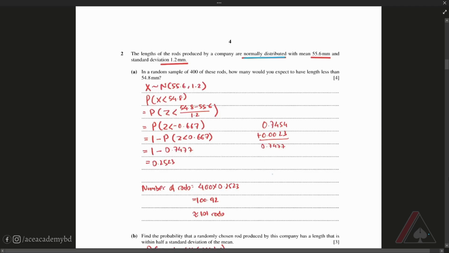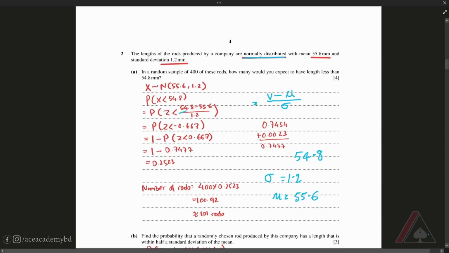So we've got our standard deviation, which is 1.2. We've got our mean, which is 55.6, and we're asked to find the probability of 54.8 or less. So we put them in the equation, which is the value that we got minus the mean, divided by the standard deviation.